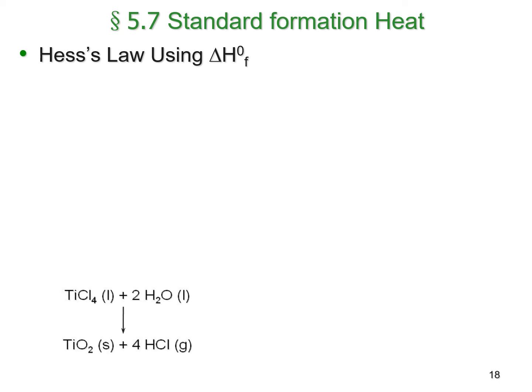So, for example, this is a reaction in order to prepare highly pure TiO2. Remember, TiO2 is the reactant to make the high pure titanium metal that we can use for stealth fighters, and so on and so forth, in our defense industry. One of the major concerns for us to design this reaction is whether this reaction is exothermic or endothermic.